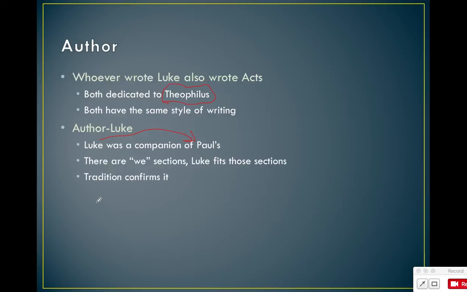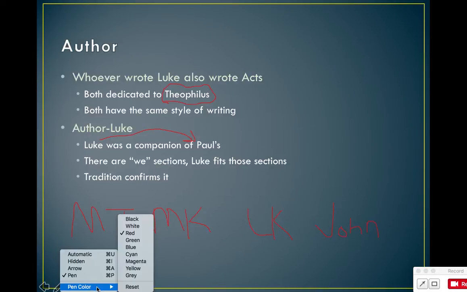If we look at the Gospels real quickly before we go on, we have Matthew, we have Mark, we have Luke, and we have John. Let me choose a color that will show up here. White.